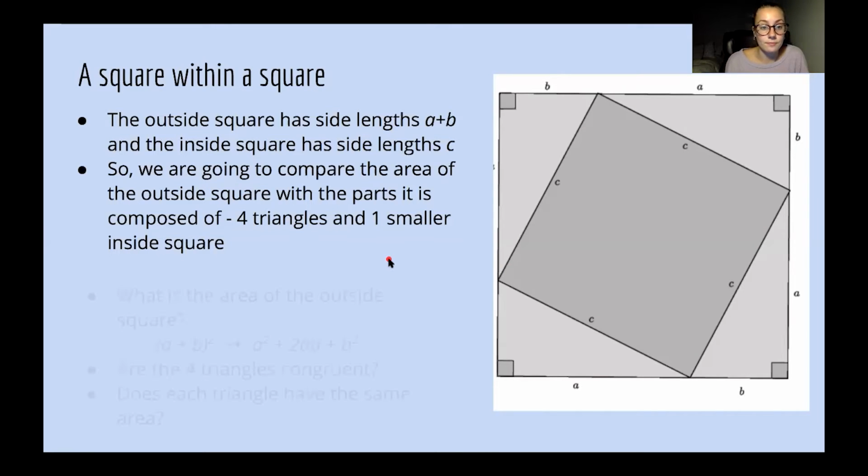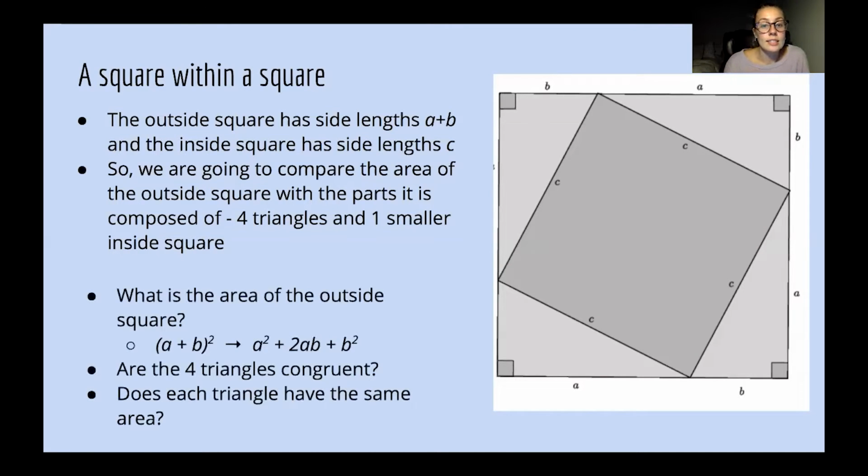So let's get started. What is the area of the outside square? Well, we know the area for a square or a rectangle is multiplying the length times the width.